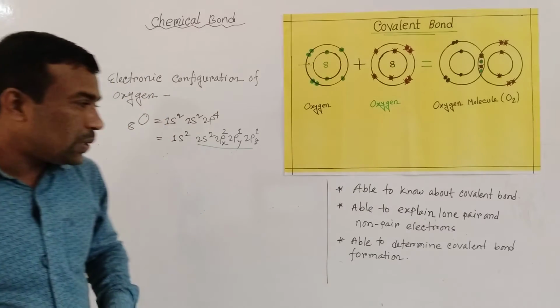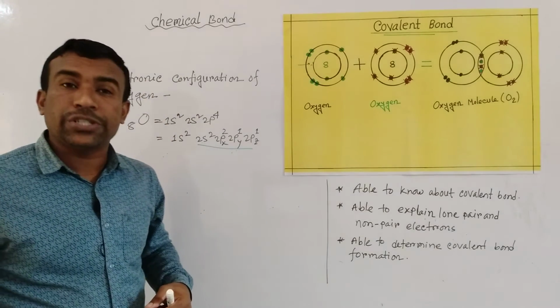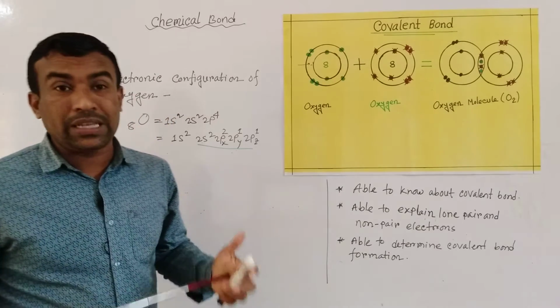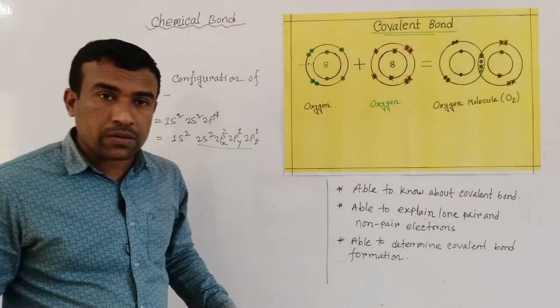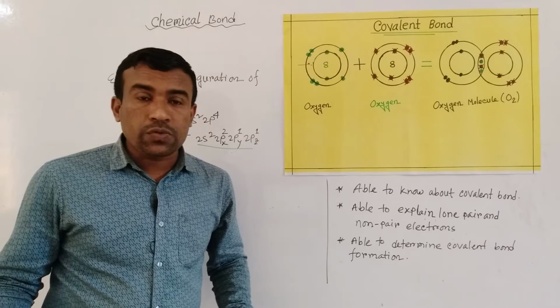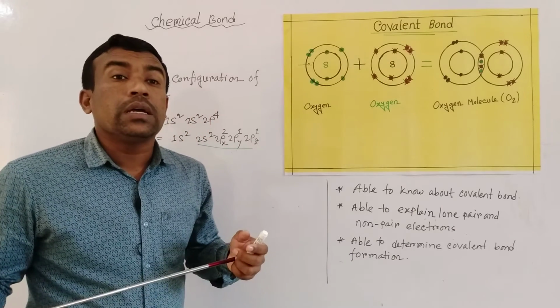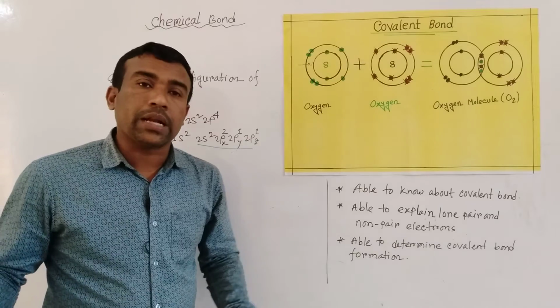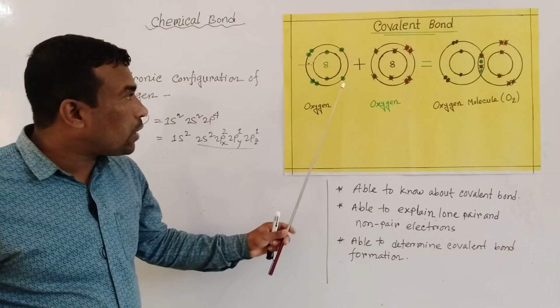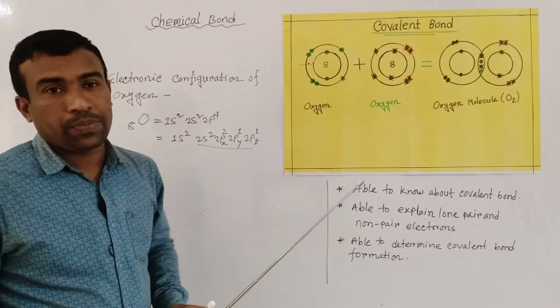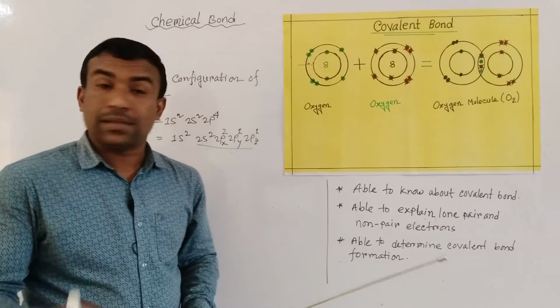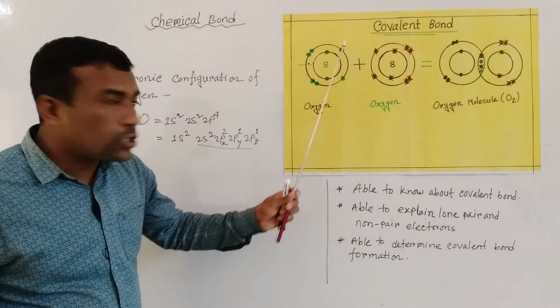Okay, so the electrons in the outer shell of the elements that are pair electrons and not interested in forming the bond are known as lone pair electrons. On the other hand, the electrons in the outer shell that are non-pair will be interested in forming the bond.